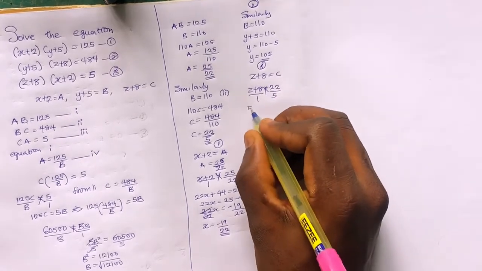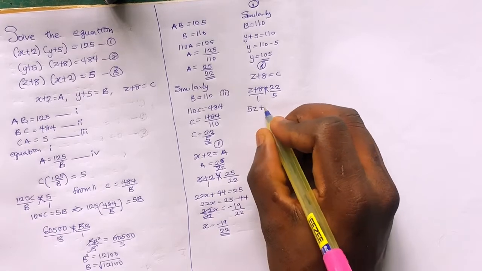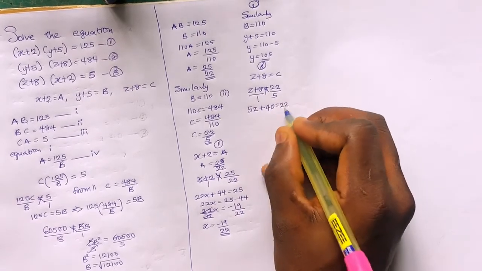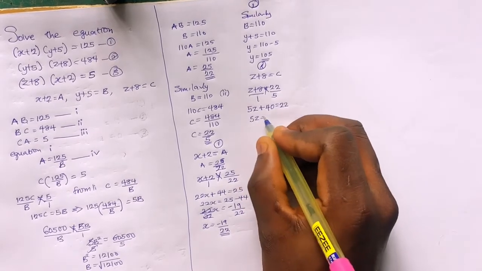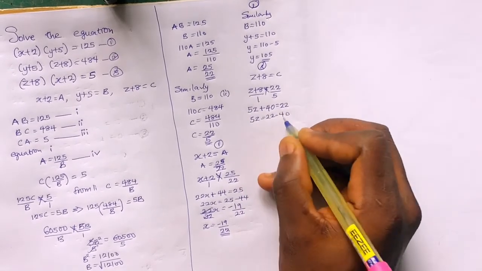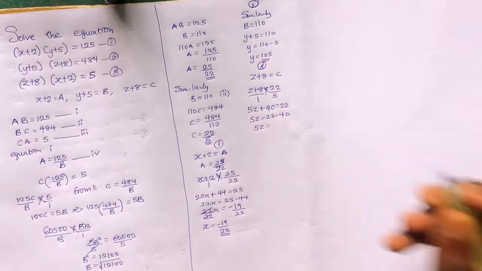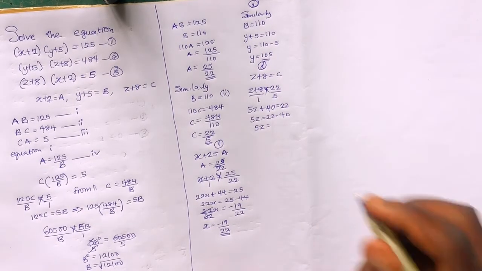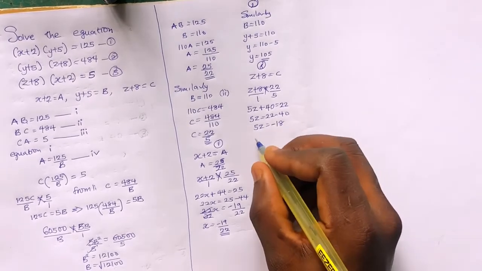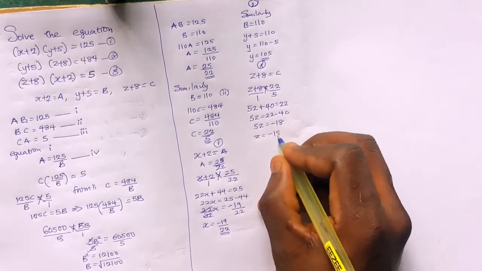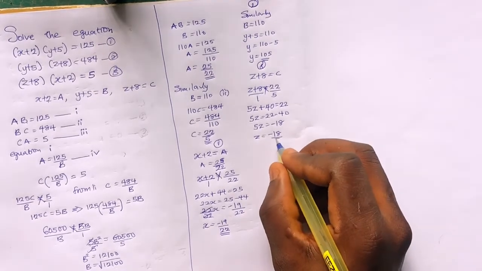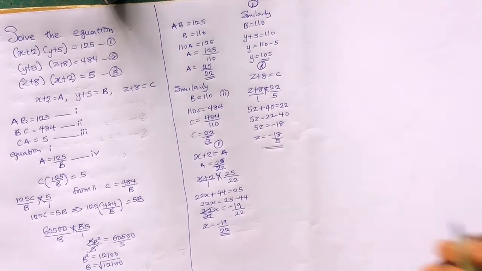So I'm having 5z plus 40 equals 22. Then 5z equals 22 minus 40, that's minus 18. Then z equals minus 18 divided by 5, right? So that's the value of z in this case.